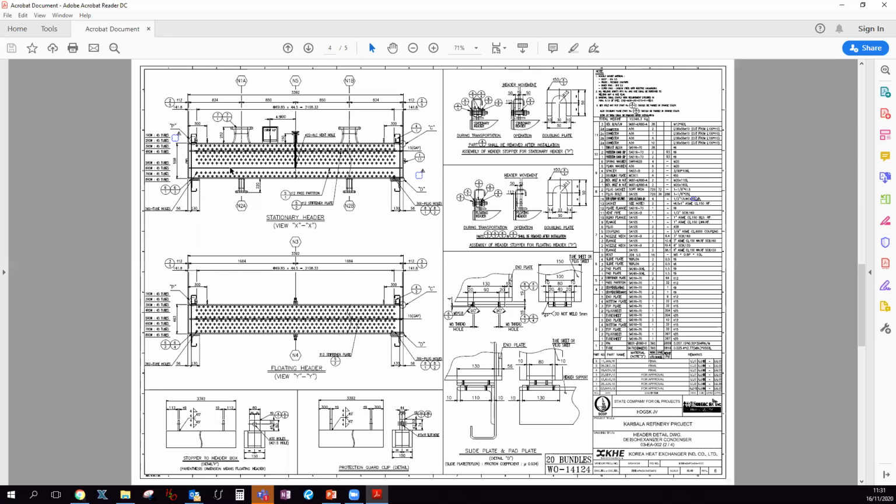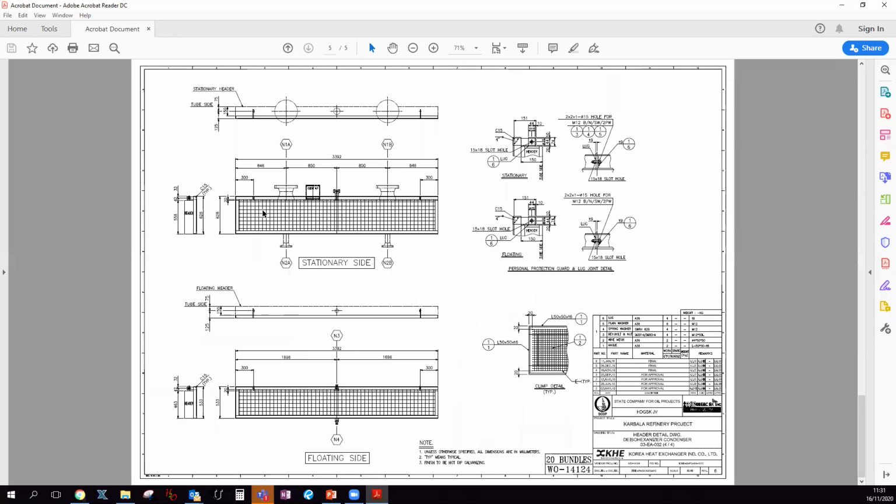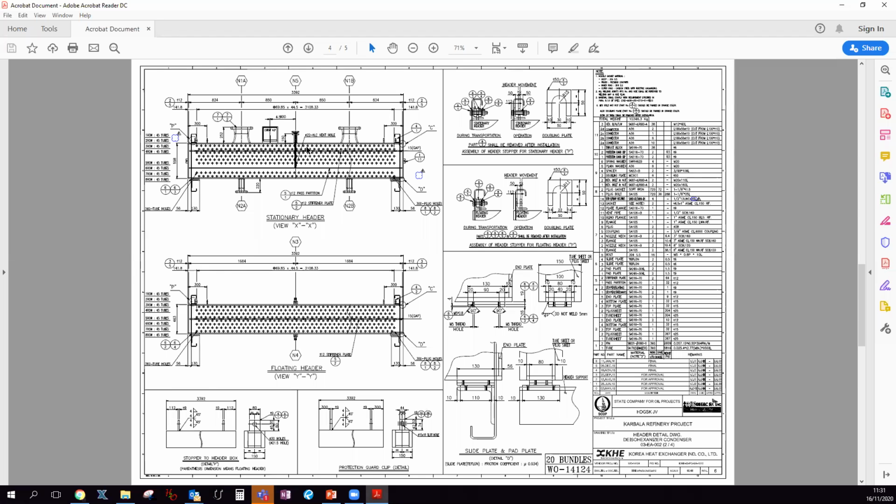This is the drawing of the header, how we see the header from the side, with different views and different details of the mechanical partition, how they are sealed and everything.